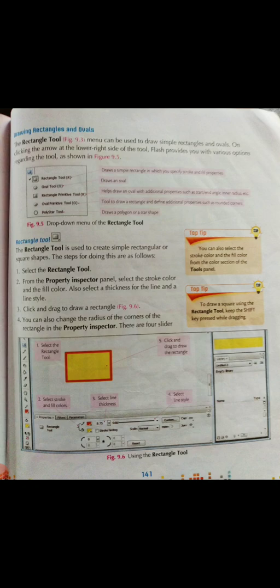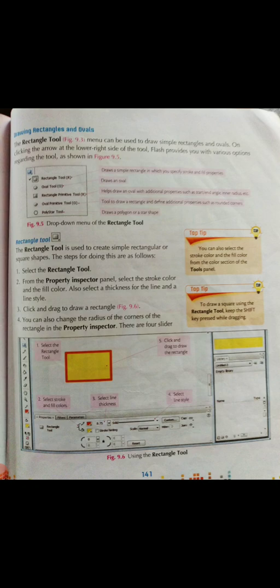With the help of this rectangle tool, here we can make rectangles. The main function of the rectangle tool is to draw a simple rectangle as well as an oval.